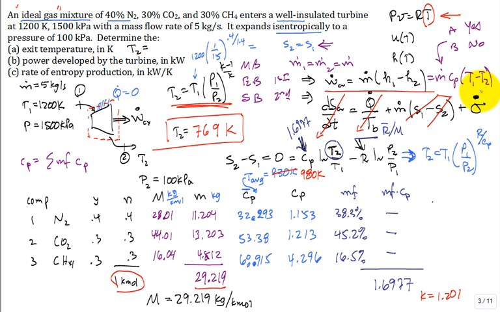So it's true. Let me ask you this question, because some people would say, no, you cannot use C sub P because the process the gas is undergoing is not constant pressure. Is the gas undergoing a constant pressure process as it flows through the turbine? No. So somebody says, I think you cannot use that because C sub P, what is the definition of C sub P?